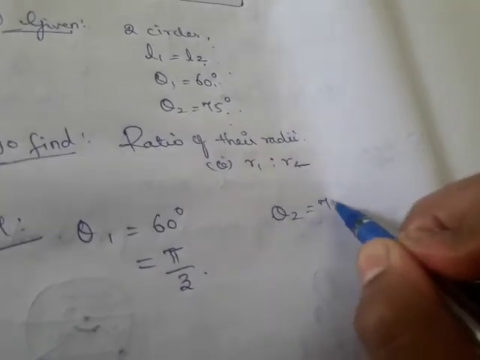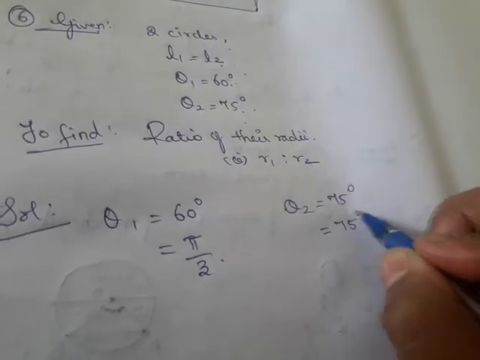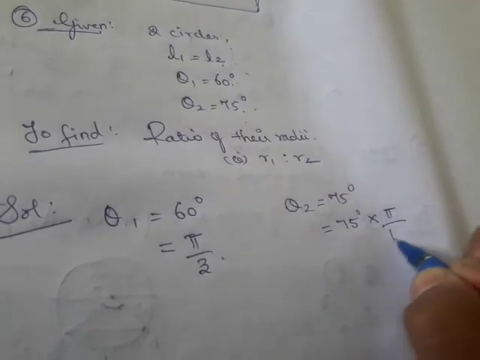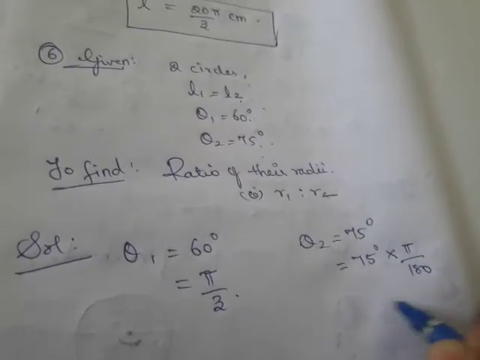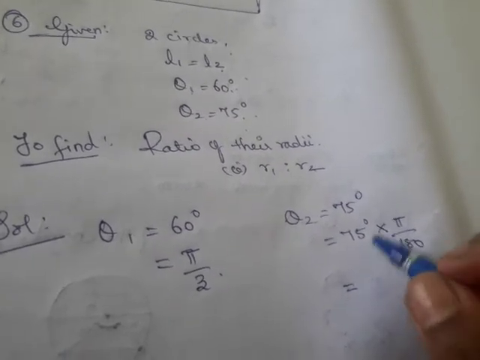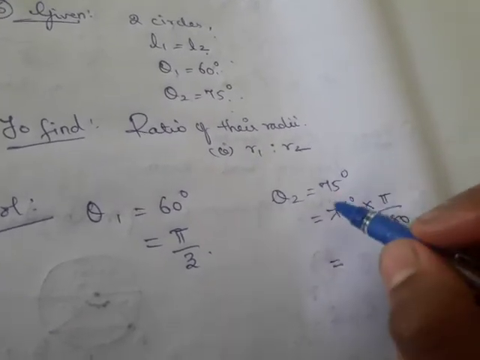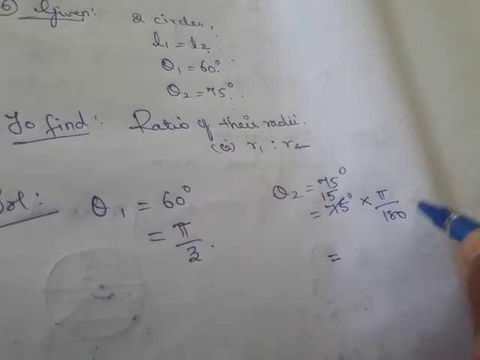Then theta 2 equals 75 degree. If you don't know, convert it. 75 degree into pi by 180. If you cancel it, what will happen? You want to cancel it in which table? 5 table. 5 ones are 5, remainder 2. So 5 5s are 25.